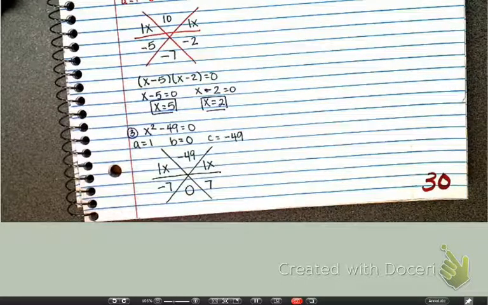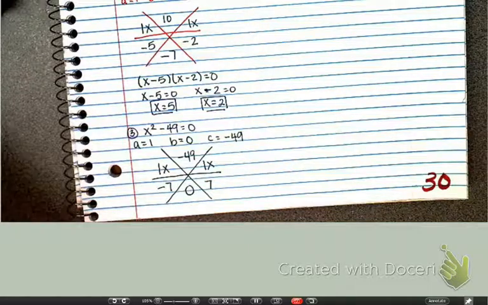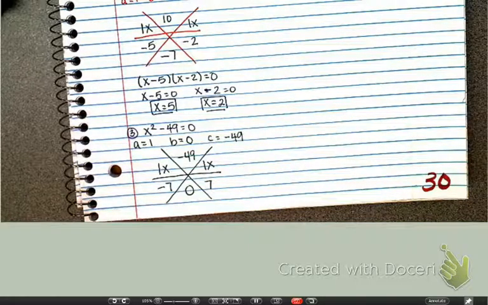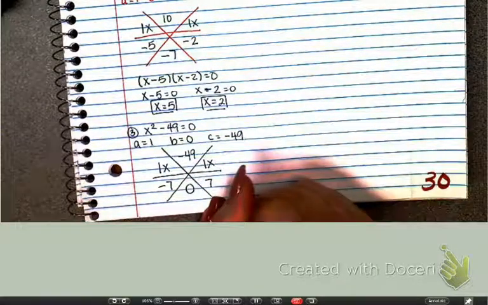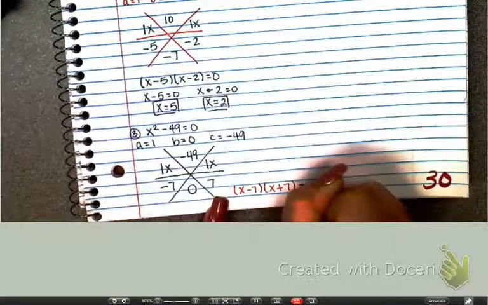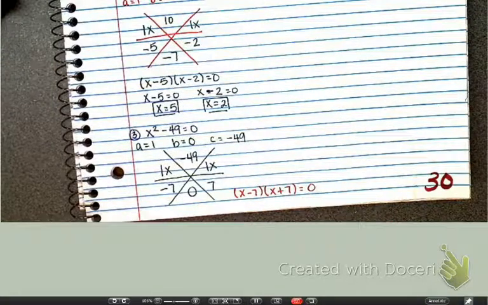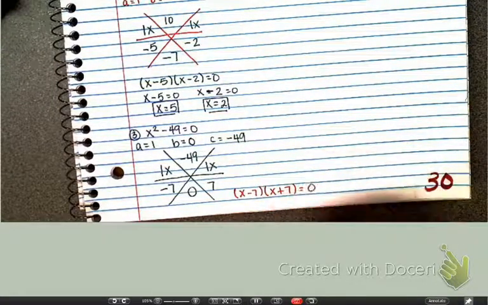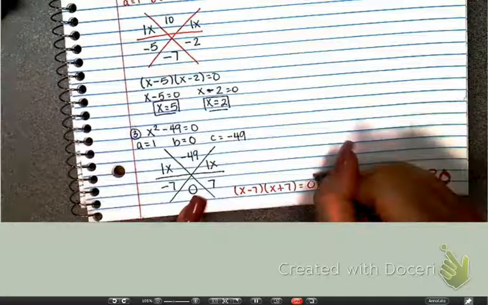What do we do from there? Solve it. So we have to write it in factored form, right? So x minus 7 and x plus 7 equals 0. I should have moved up. I'm going to write it above because I messed up there.